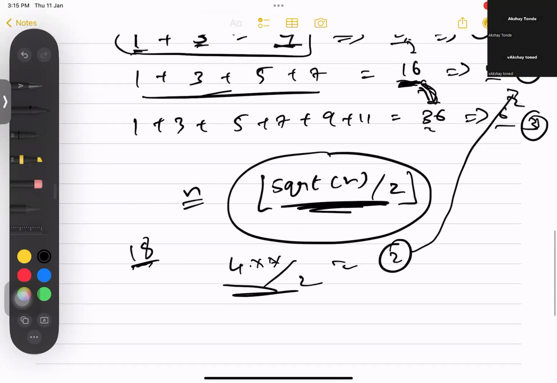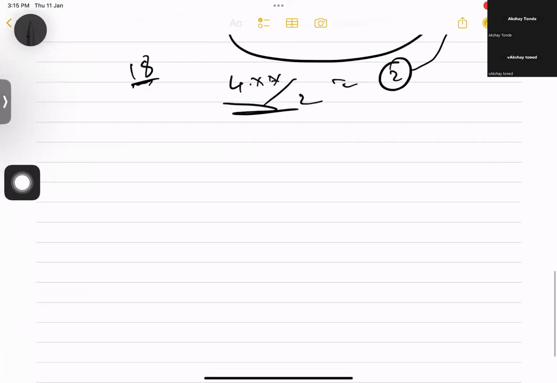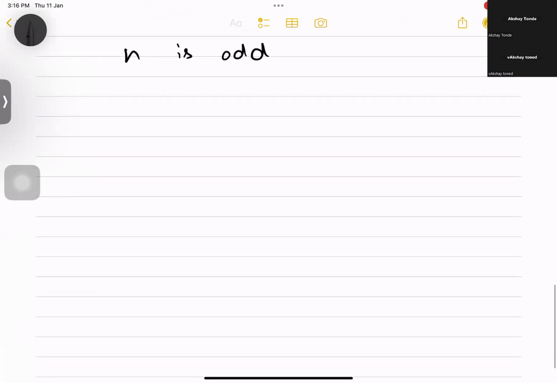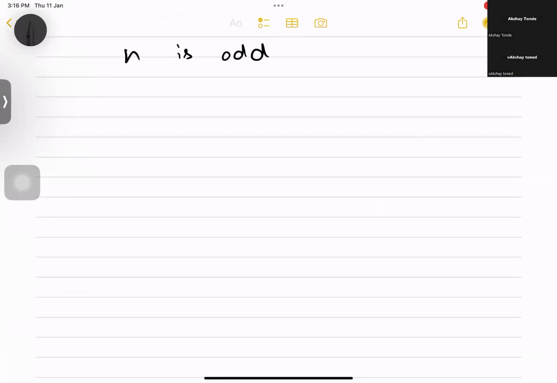Now, let's see the case for odd numbers. Now we'll write if n is odd. If n is odd, we know that the product of the numbers should be odd. So the first condition will always be true. Basically, all numbers should be odd.